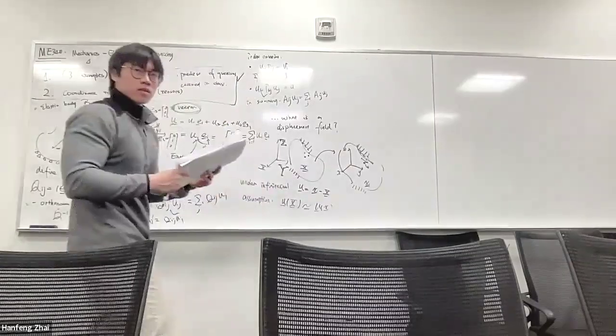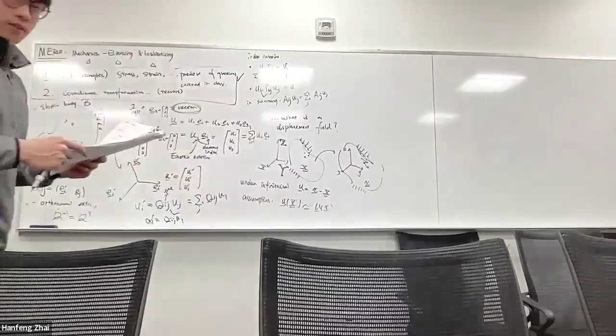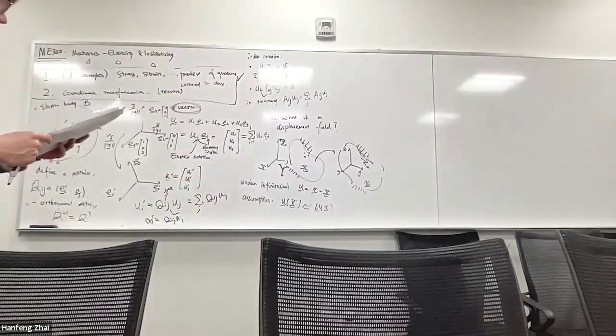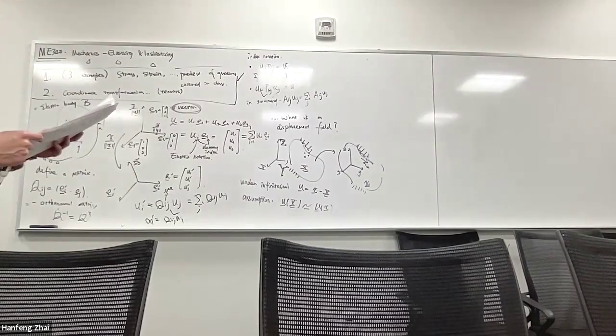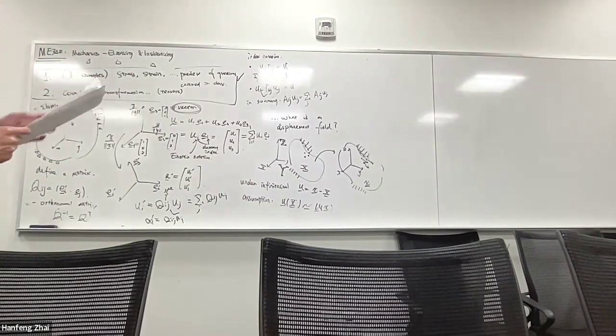There's a comment on this. Yes, there's actually no change of coordinate system in defining the displacement field. So basically that big X is a vector, and both of them use the same E1, E2, E3.